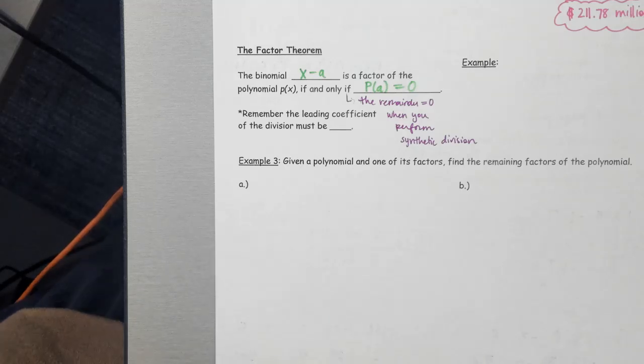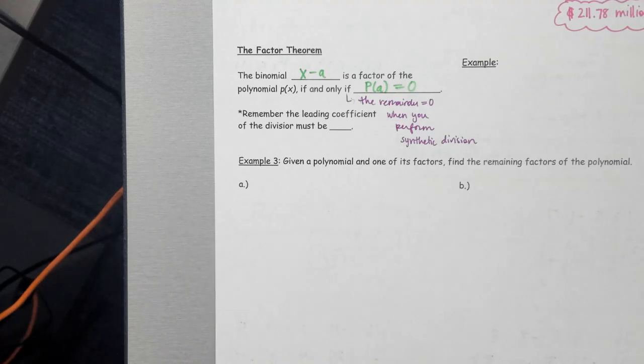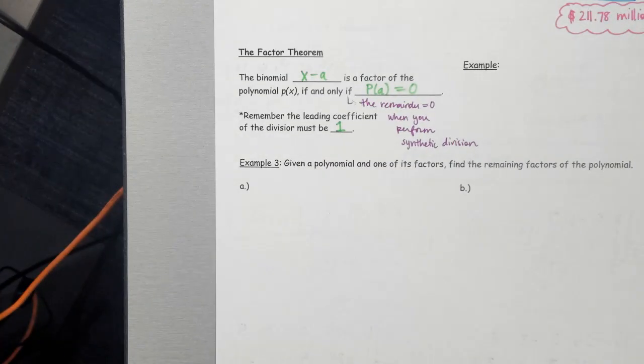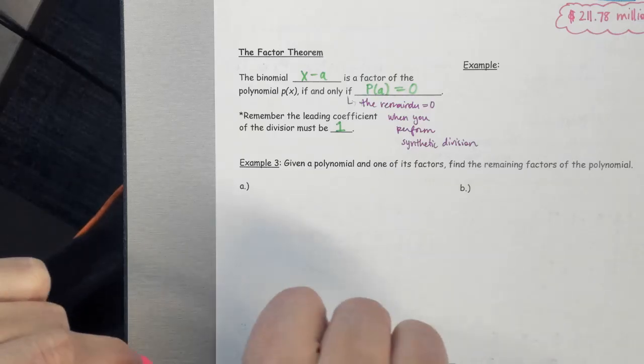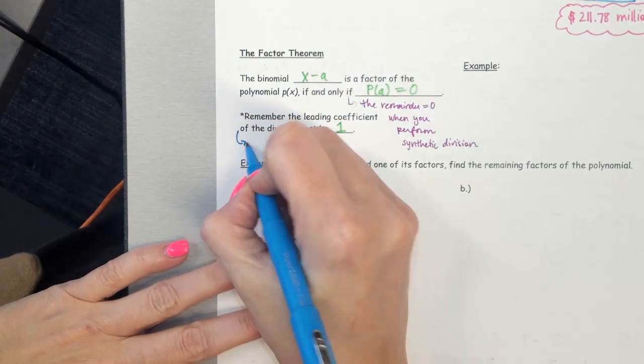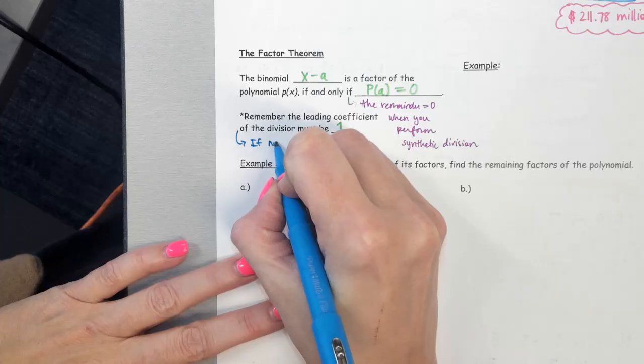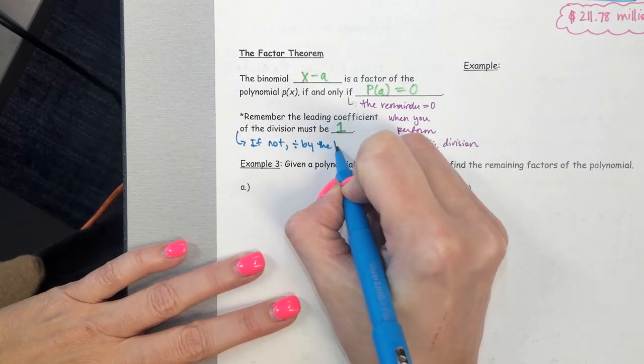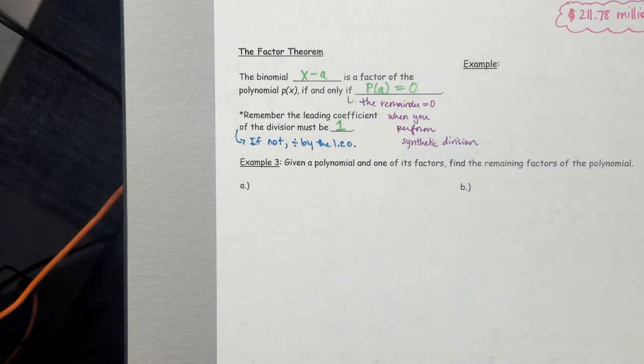And when you are performing that, just remember the leading coefficient must be 1. And if it isn't, then you have to divide by the leading coefficient.